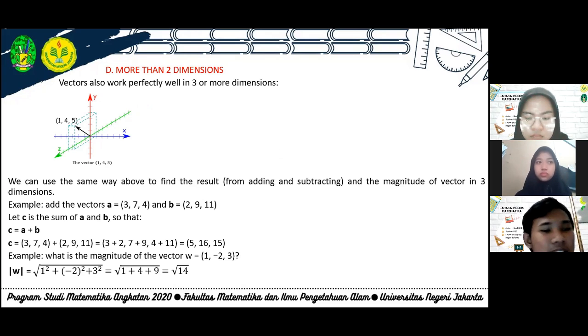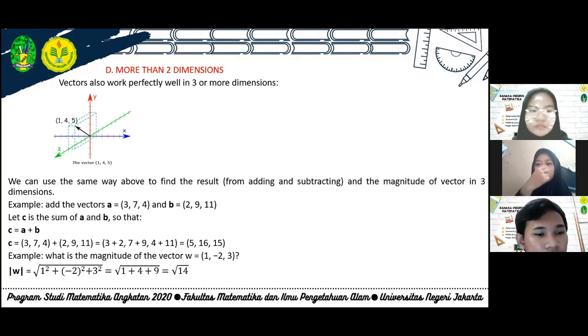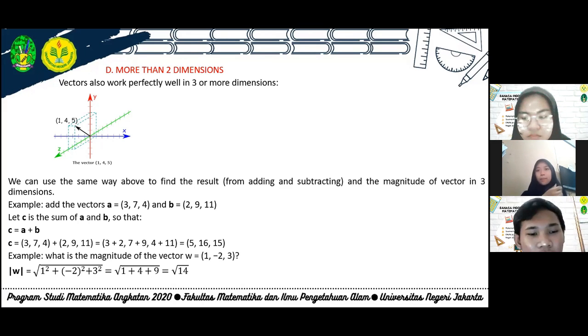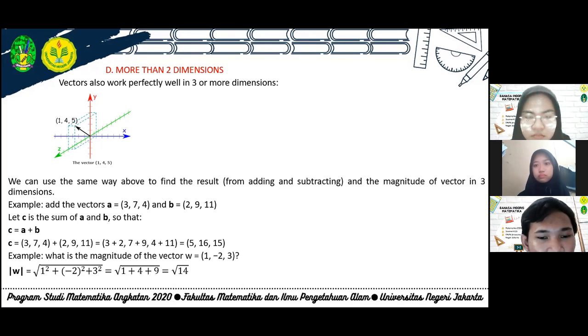For the solution, let vector C be the sum of vector A and vector B, so that C equals vector A plus vector B. It's equal to 3,7,4 plus 2,9,11, which is 3 plus 2, 7 plus 9, 4 plus 11. So vector C is equal to 5,16,15.